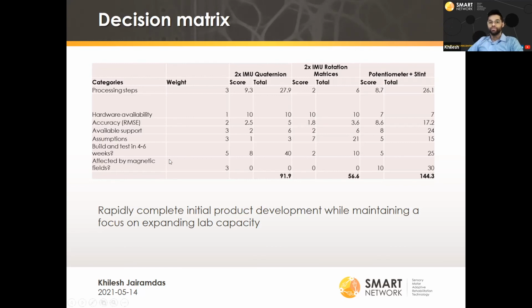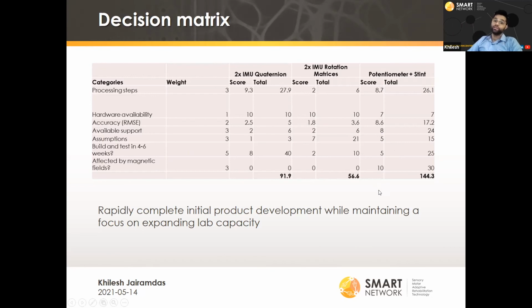So slightly limiting assumptions, but mostly just forces coplanar movement because you're tethered to the stints. So medium score there. Build and test in 4 to 6 weeks, absolutely, really easy to do. And it's not affected by magnetic fields either, so high score there. So as you can see, the highest score out of this just very small short list of options.